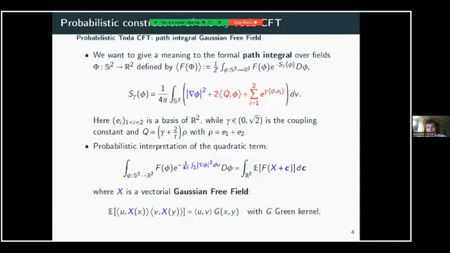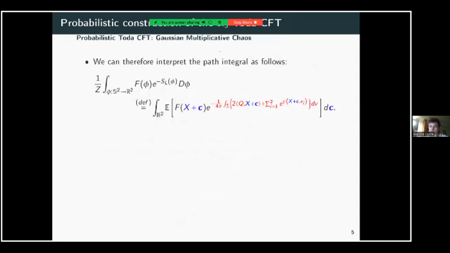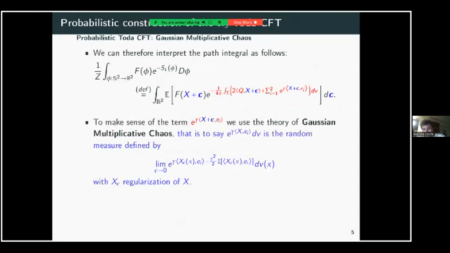Okay, so you have interpreted the first term in the action, and then you need to make sense of the remainder terms in the action. And you have this exponential of the Gaussian free field. The Gaussian free field is not a well-defined function; it's a distribution. So you need to make sense of the exponential of the field. For this, you need the theory of Gaussian multiplicative chaos.